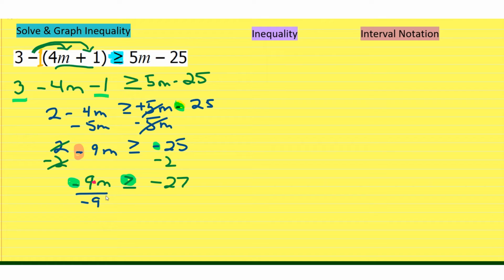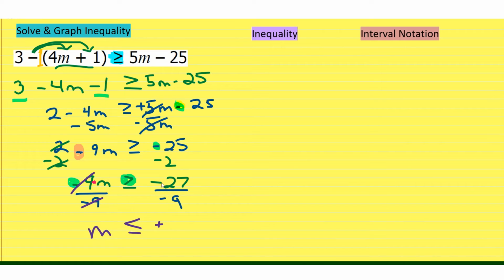So to undo multiplication, we divide by negative 9. So I'm going to divide by negative 9 on both sides, but when I do, we're going to flip the sign, flip the sign. That's the way that I like to think about it, because these are going to cancel.